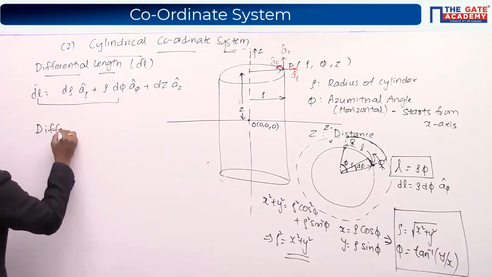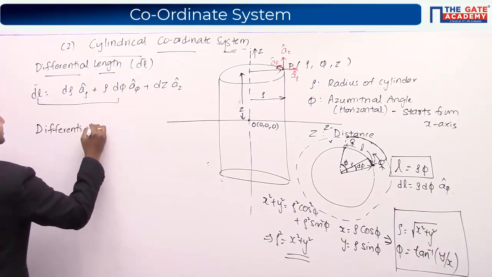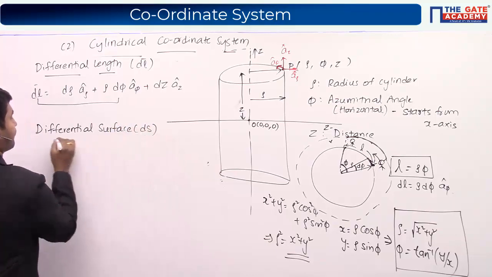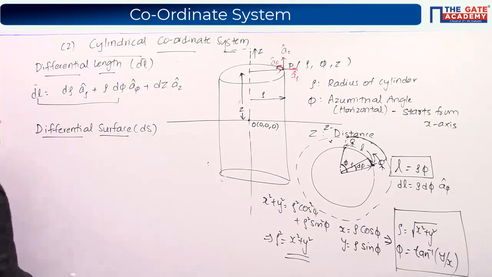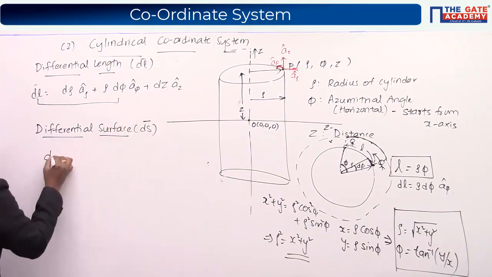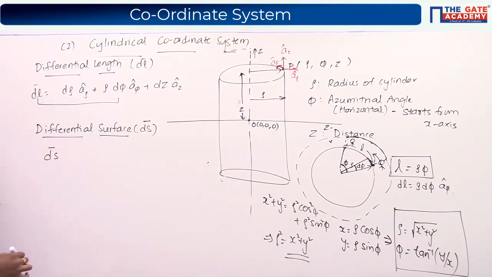Next comes the differential surface. The differential surface ds bar is given by what?